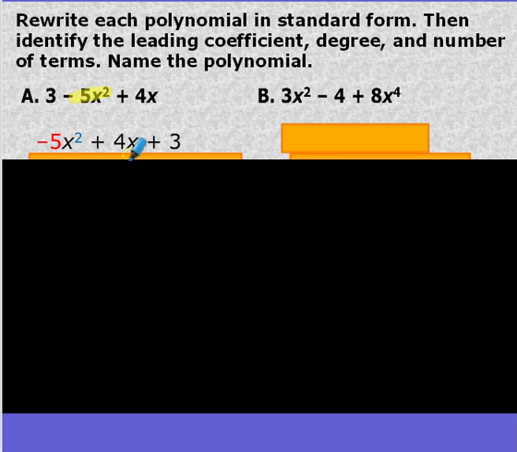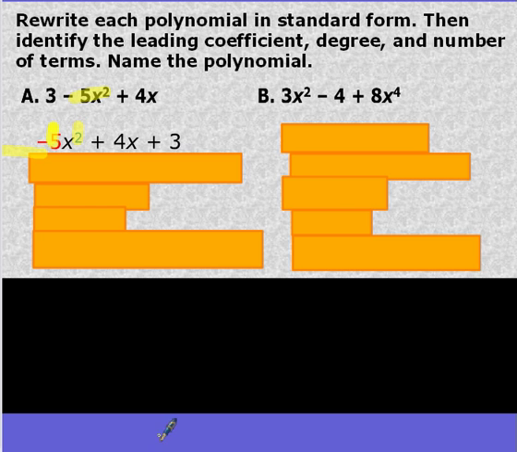Now we want to identify the leading coefficient. Leading coefficient, now that it's in standard form, is going to be this, which is negative 5. And degree is going to be 2, because that's the exponent of our leading term in standard form. Number of terms is 3. And the name of the polynomial.